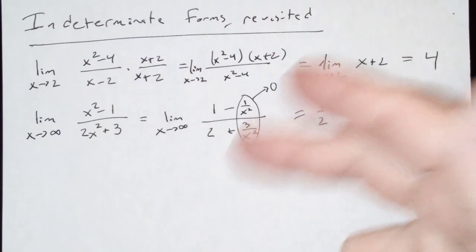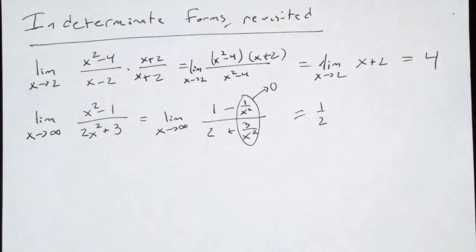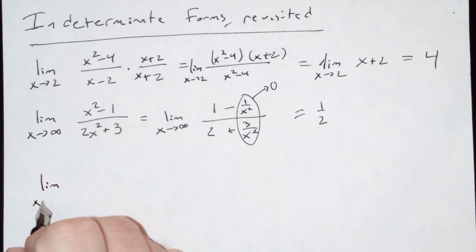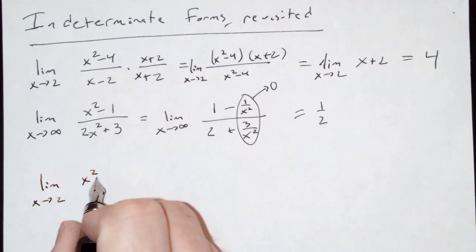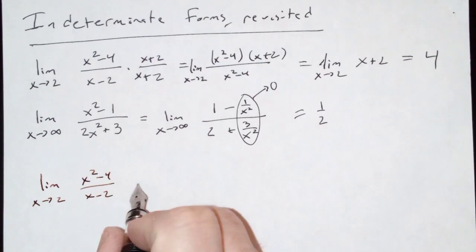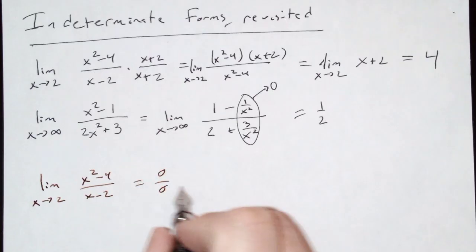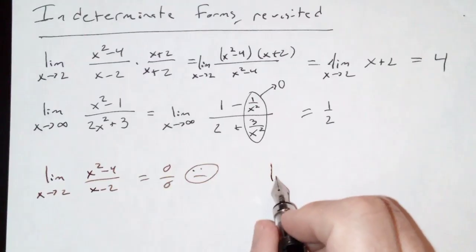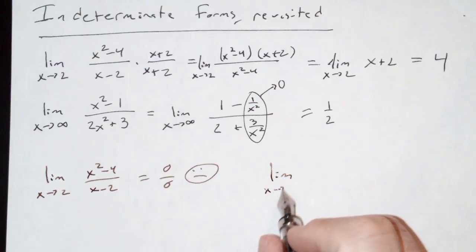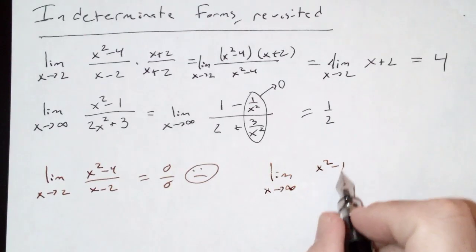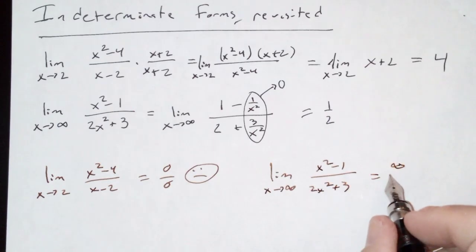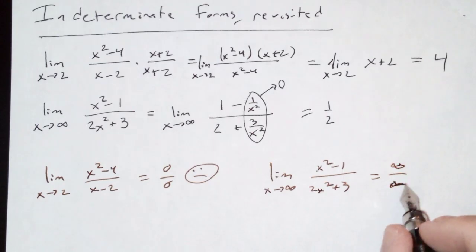But both of these are resolved from an indeterminate form. If we think of just plugging in, we would have written this as 0 over 0. I don't know what that means. And if we think about just plugging in, I'd get infinity over infinity.